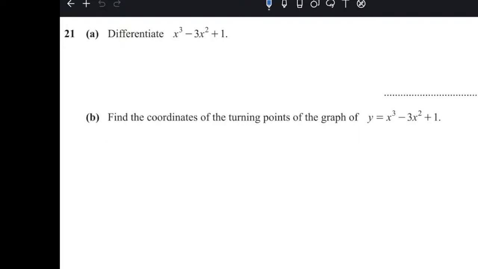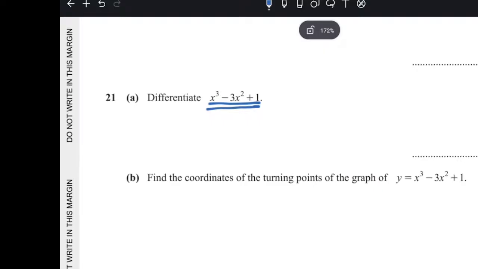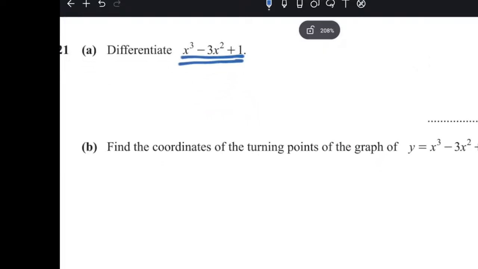If they give you this one and say differentiate, there are many ways to do it. If you want, you can let y be equal to x cubed minus 3x squared plus 1.